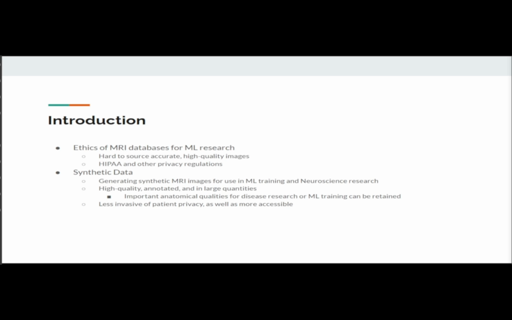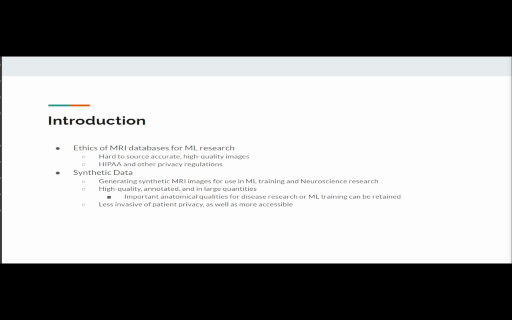Not to mention the difficulty in ensuring that a neurologist or radiologist has actually come across and accurately annotated these images. And so, how do you deal with all these varying practical and ethical concerns of authentic MRI images?